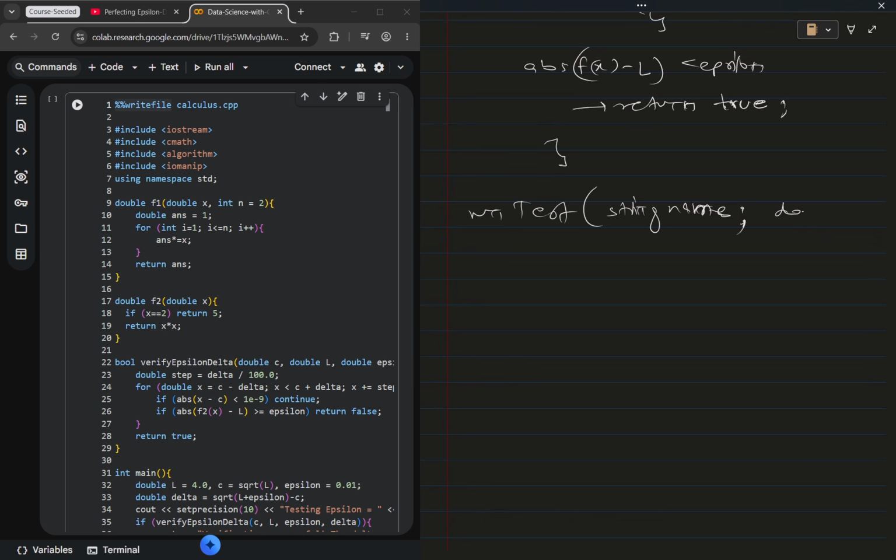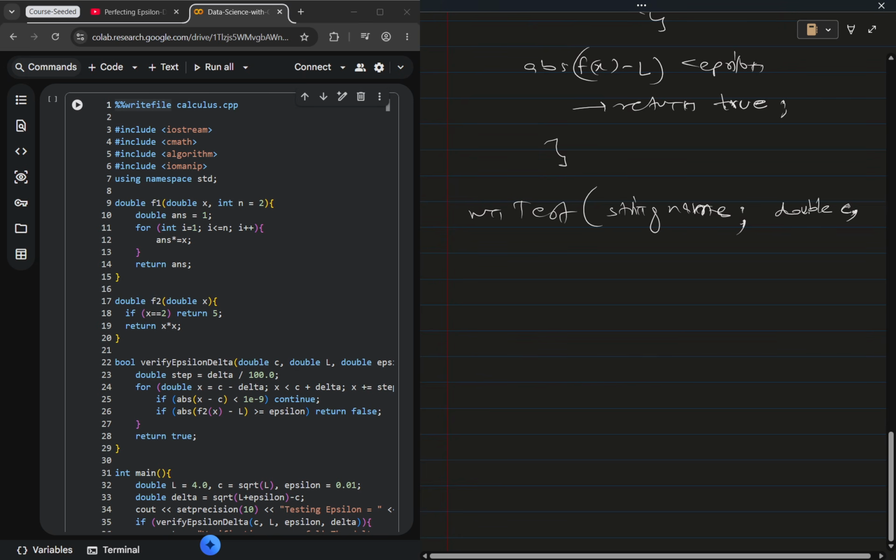So we have our double c, which is your a. If you remember, a was equal to our c, so you don't have to panic if you don't get what c is. It is basically the constant which equals 2 or whatever you want it to be.